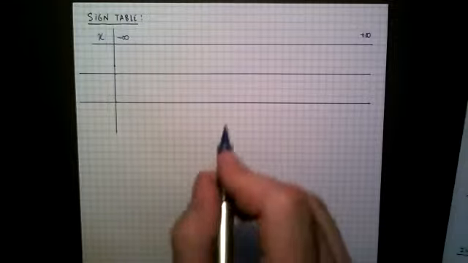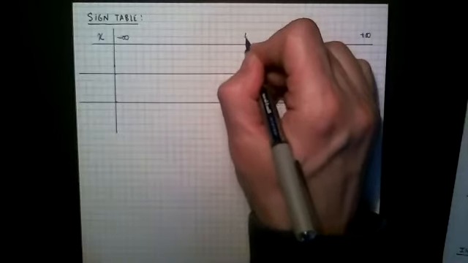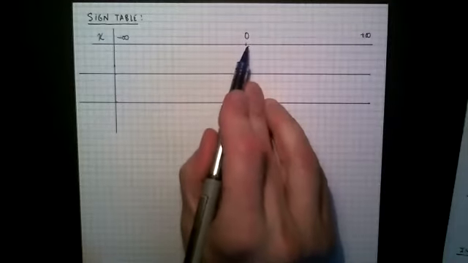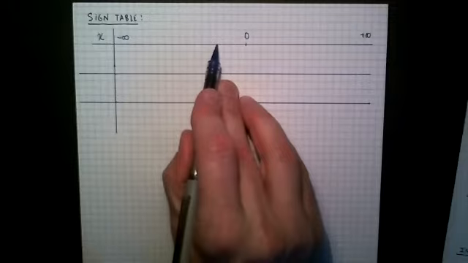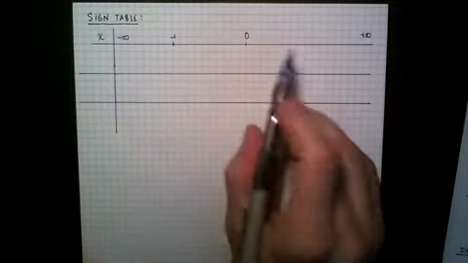Okay, so my important values that I see are 0, 1, and minus 1. These are the values that I see. So 0 and then minus 1, and 1.